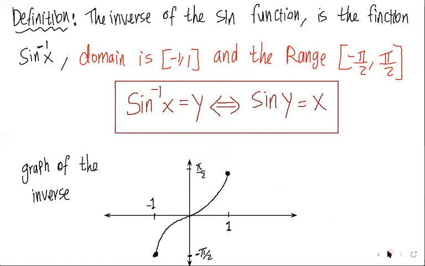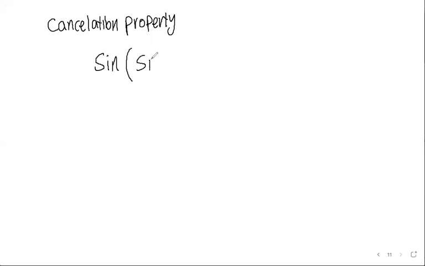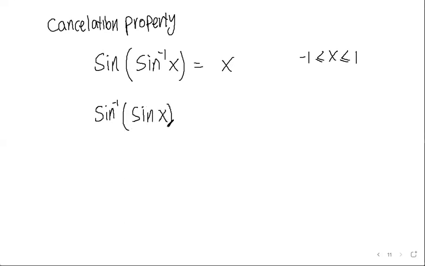The cancellation properties for the sine say sine of sine inverse of x is the same as x, but x here is between minus 1 and 1, and sine inverse of sine x is equal to x, where x here is between minus pi over 2 and pi over 2.